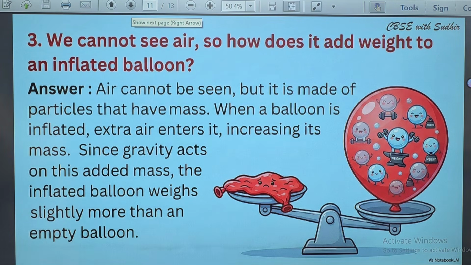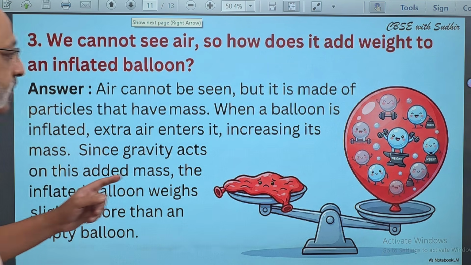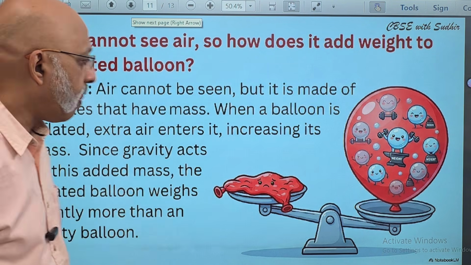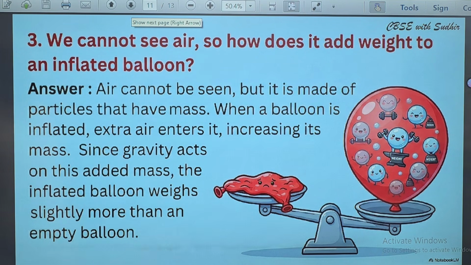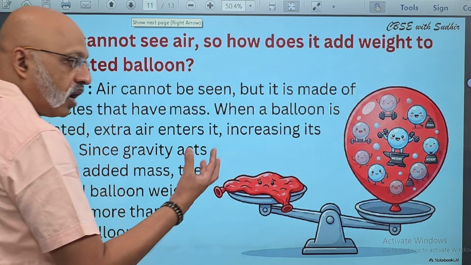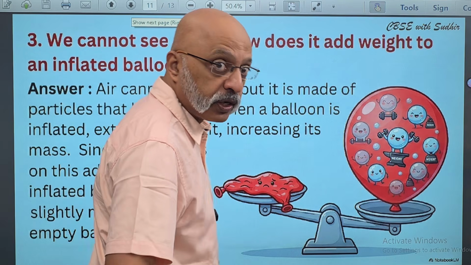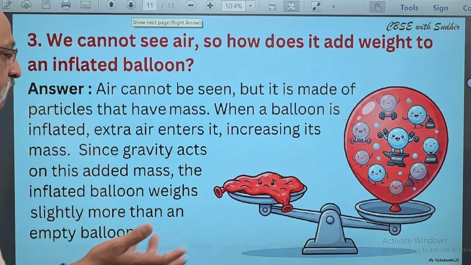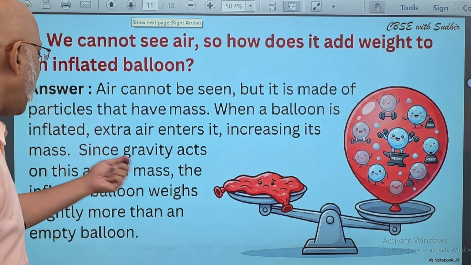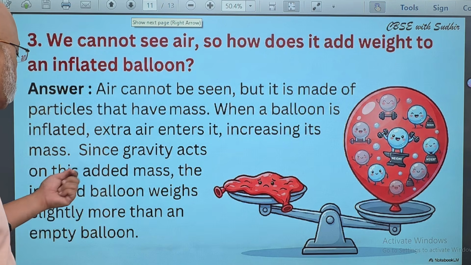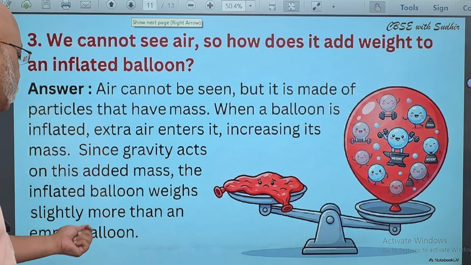We cannot see air, so how does it add weight to an inflated balloon? Now this is interesting. Air cannot be seen, but it is made up of particles that have mass. When a balloon is inflated, extra air enters it like this, right? Increasing its mass, since gravity acts on this, and because weight is essentially mass at a particular place, be it Earth or Moon or Venus or Mars, since gravity acts on this added mass, the inflated balloon weighs slightly more than an empty balloon.